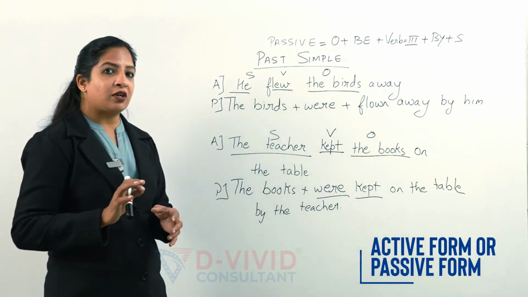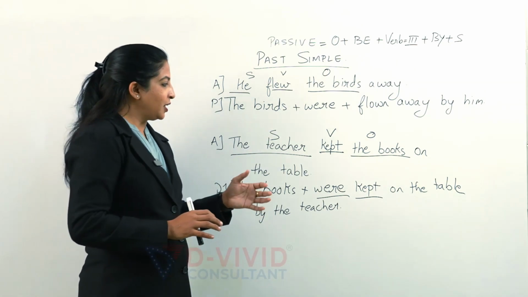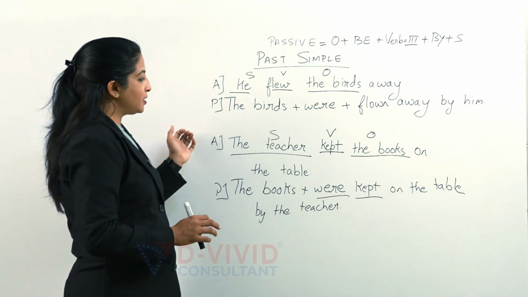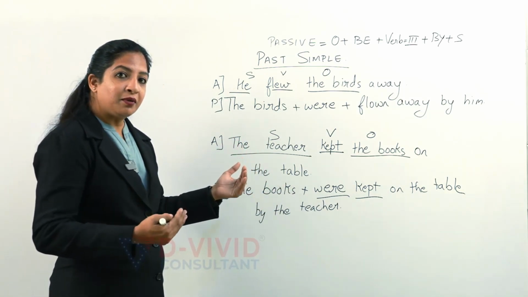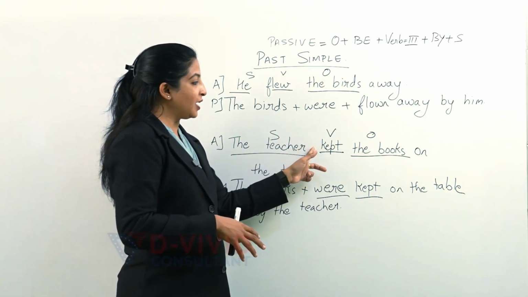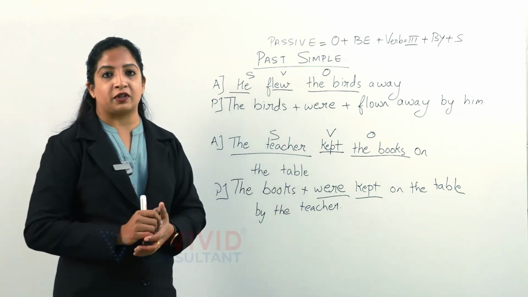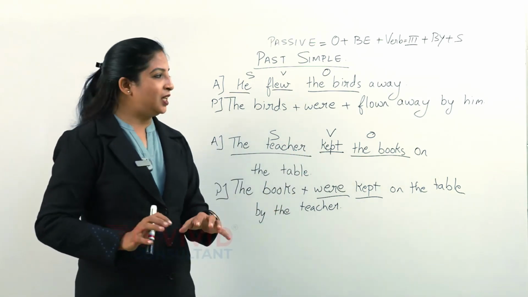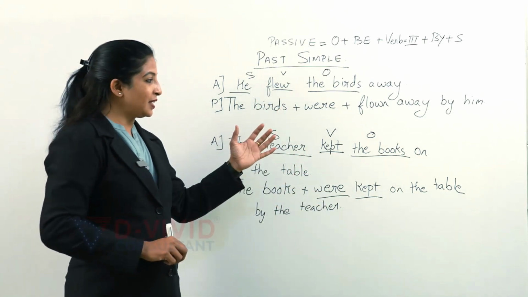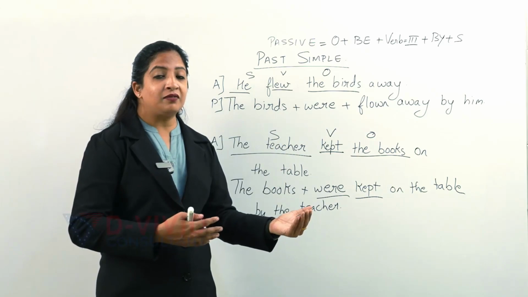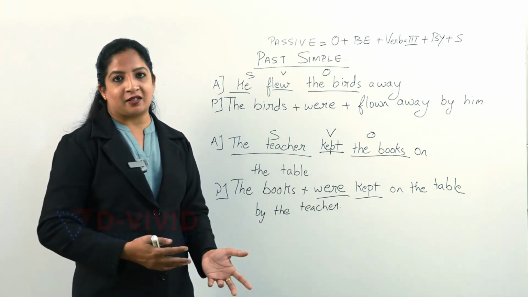This is a general mistake people make: when they are making a sentence in simple past, they forget that it is simple past and still add was or were, which completely destroys the meaning of the sentence. The sentence cannot stay in active nor can it stay in passive.